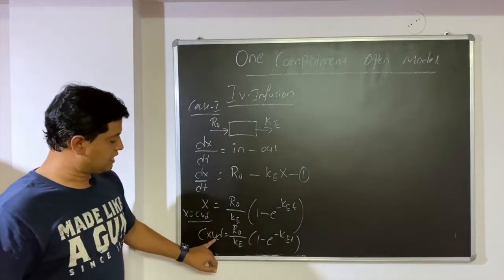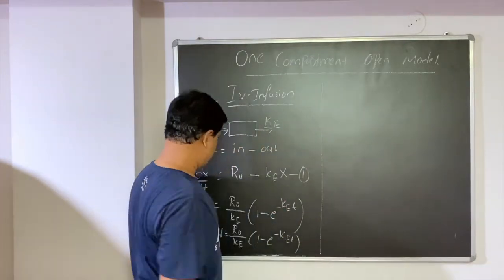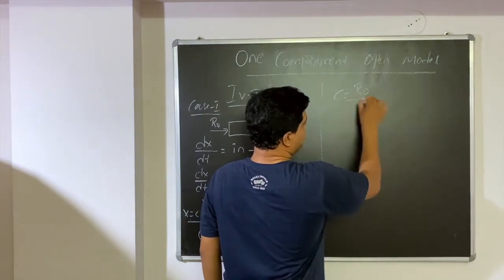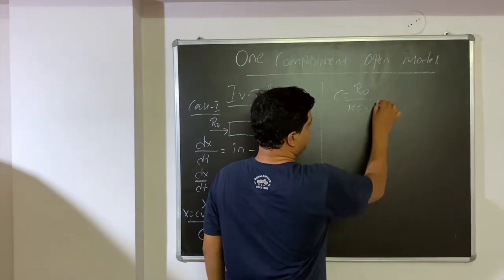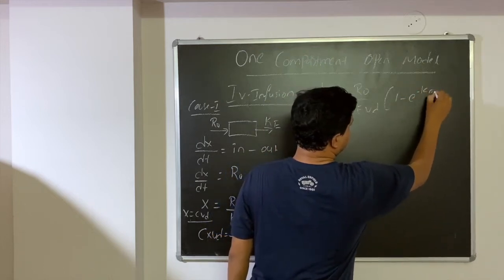Now send this volume of distribution to the right hand side. What we'll get? We'll get this equation, that is concentration is equal to R0 by Ke multiplied by Vd into 1 minus e to the power of minus Ke t.